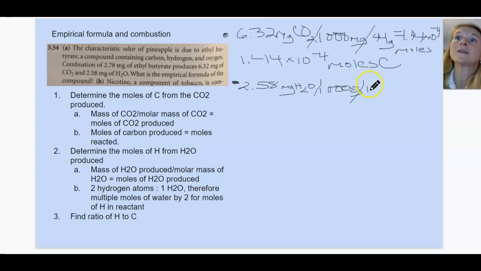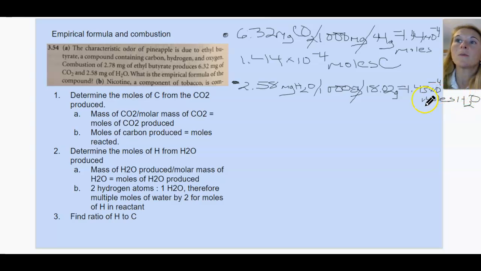And then we are going to divide by the molar mass, which is 18.02 grams per mole. And we realize that we have produced 1.43 times 10 to the negative 4 moles of water.